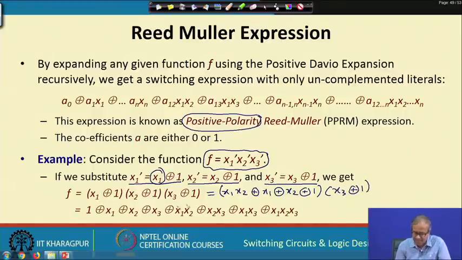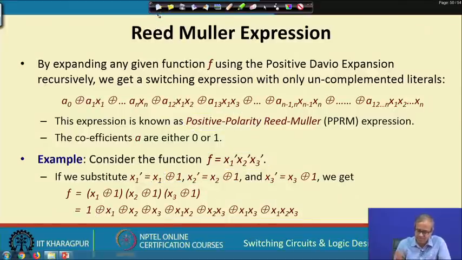Now, if you multiply again like this, you will get, you see x 1 x 2 multiply x 3, you get this, x 1 x 2 and 1, you get this, then x 1 and x 3 you get this, x 1 and 1 you get this, x 2 and x 3 you get this, x 2 and 1 you get this, and finally 1 and x 3 you get this, 1 and 1 you get this, right. So, you see for this function ultimately whatever you get, this is your positive polarity Reed Muller form, all variables are uncomplemented, right. Okay.